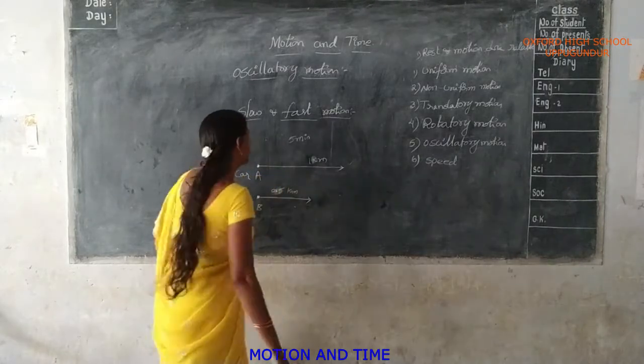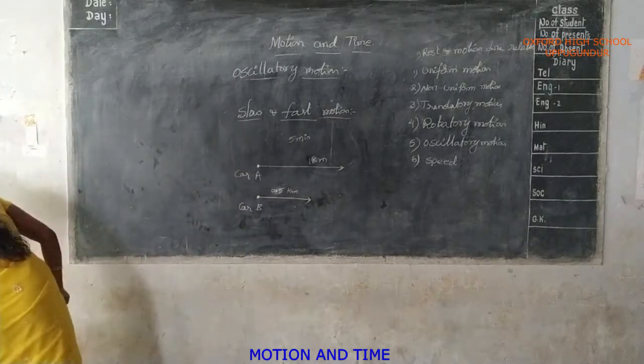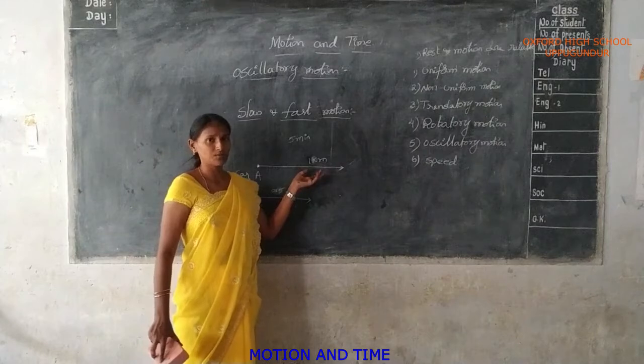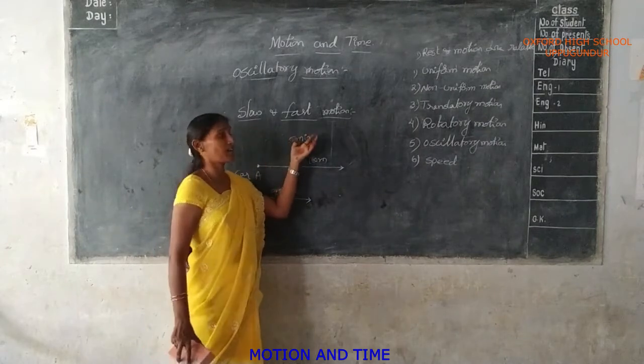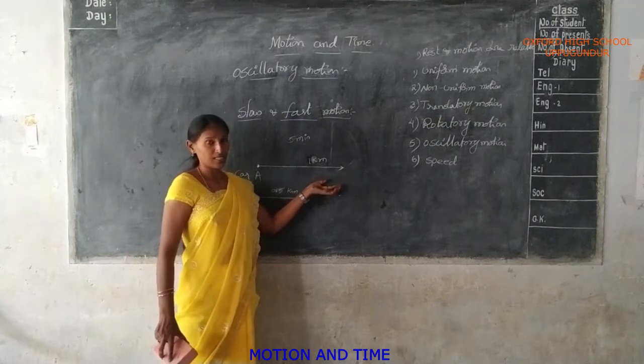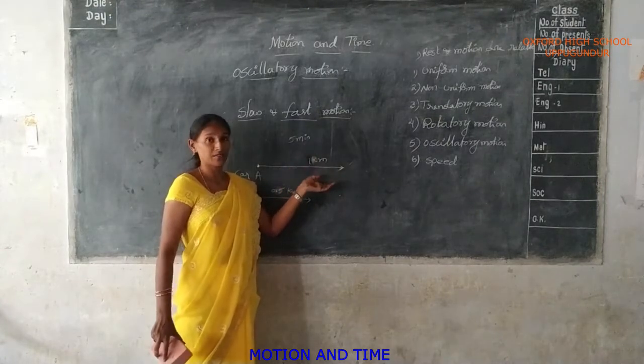Now, we are mainly discussing depending on the distance only. Yes or no? When you observe slow and fast motion, finally you are considering distance, depending on the distance and the time intervals. Yes sir.